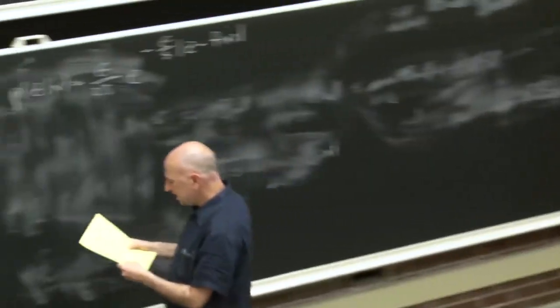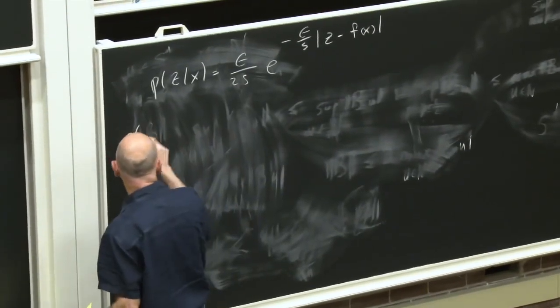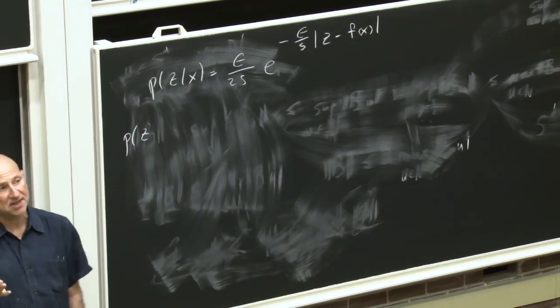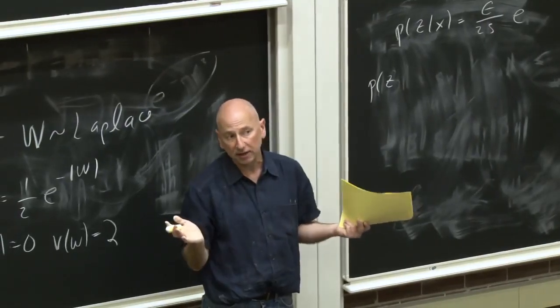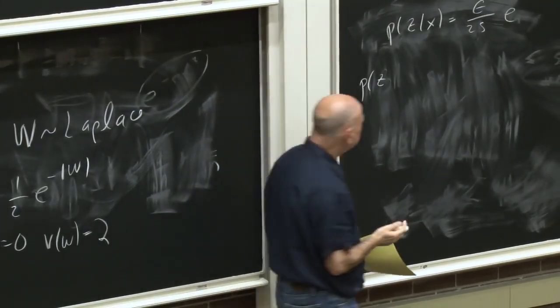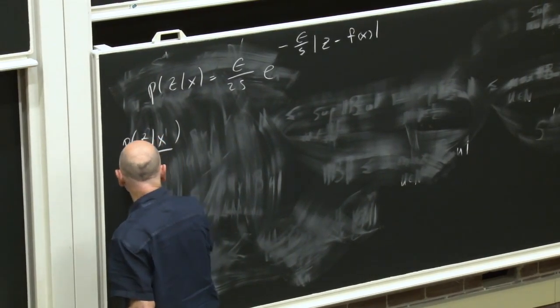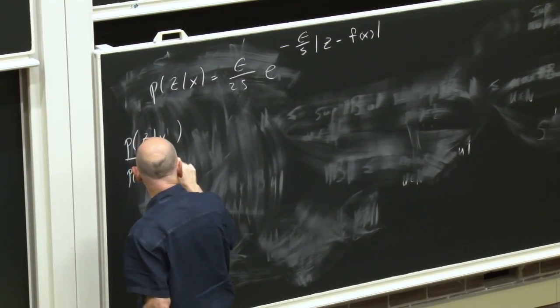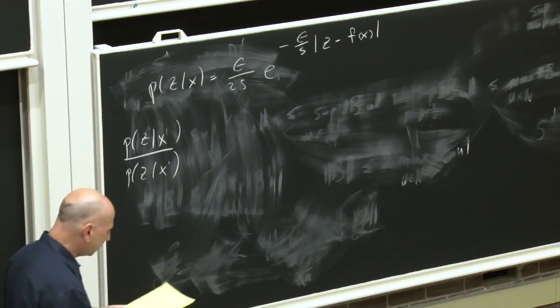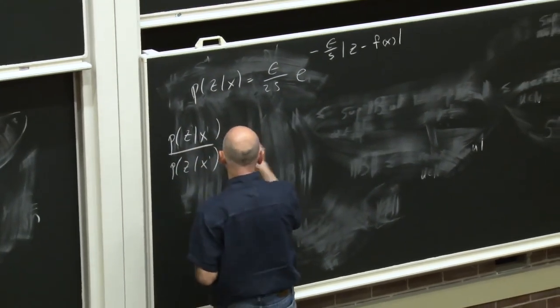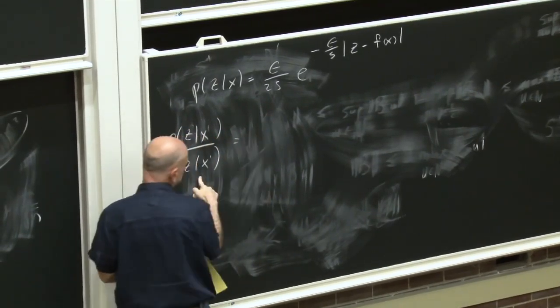To see that this satisfies differential privacy, I expressed it in terms of probabilities of events, but if we show the density satisfies that ratio, then when I integrate it, it'll also satisfy that inequality. So I'm just going to check that p of z given x over p of z given x prime satisfies the required quantity. The constants drop out, and we just have e to this thing and e to this thing with the f prime.